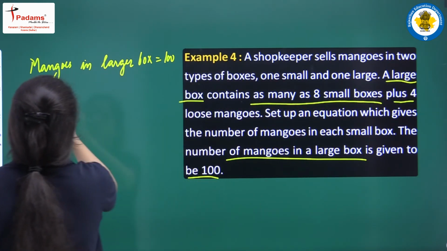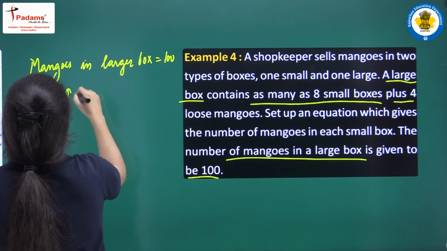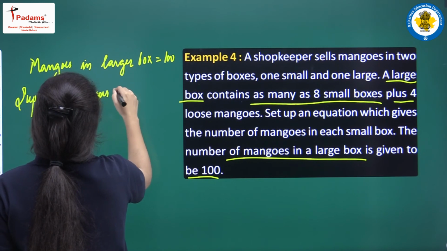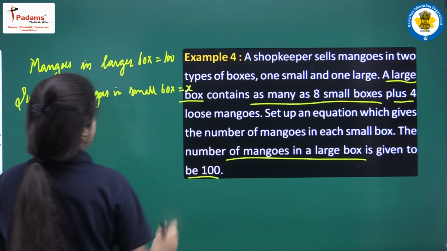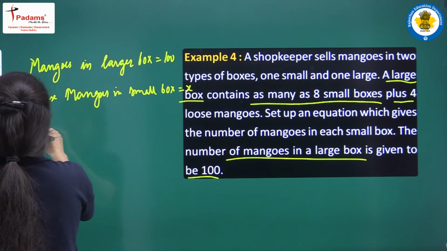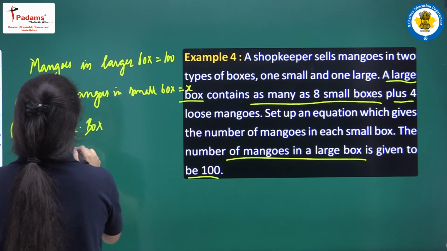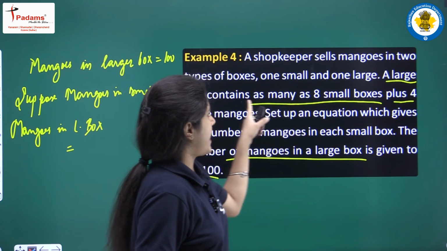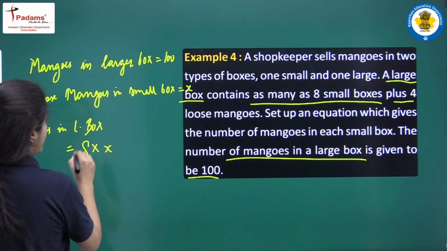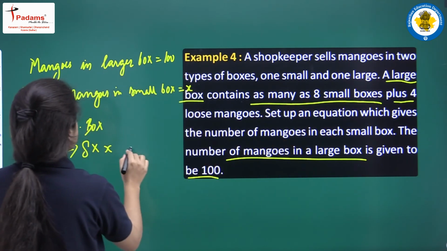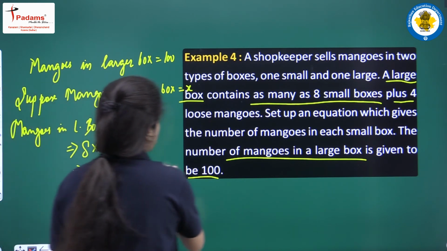Okay, so suppose, students, mangoes in a small box is equal to x, then mangoes in the larger box is equal to as many as 8 small boxes, so basically 8 into x, plus 4 loose mangoes, plus 4. Okay, so 8x plus 4 are the mangoes that are in the larger box.